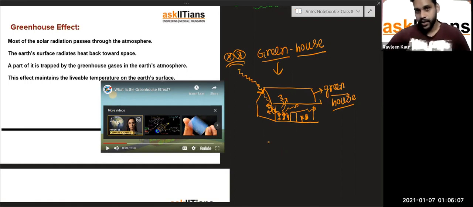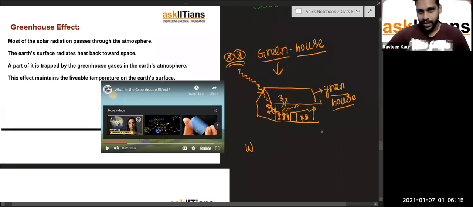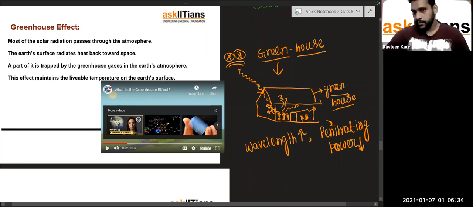Wavelength is getting increased, penetrating power decreases, right? And as the penetrating power is decreasing, the light is not being able to go out of the system, keeping the heat inside the system.